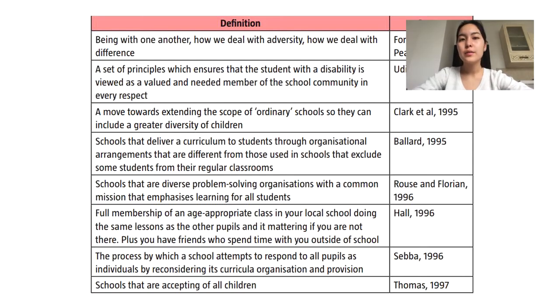There are a lot of definitions of inclusive education and scientists currently are debating about them because this term is very broad, and here on this slide you can see the different definitions of different scientists.